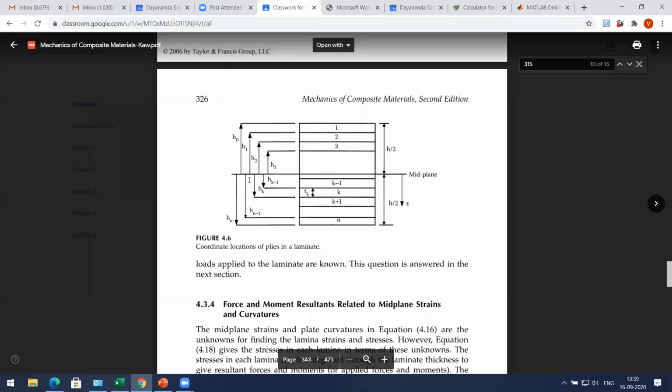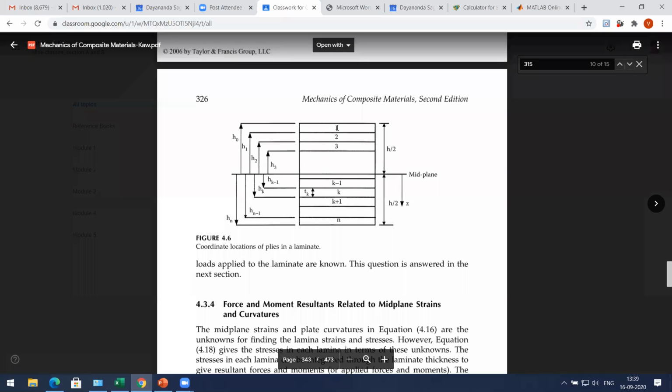From the mid plane, you measure the height of that. So this is HK, and this is HK-1, and this is the thickness of that K layer.